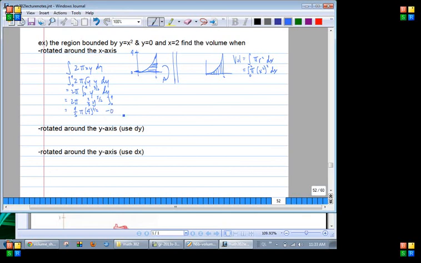And I'll just note that when it's 0, it actually does give you 0. So 4 to the 5 halves is 32. So you get 32 times 4, so you get 128 over 5 pi. Could it be the other one works out to be the same thing? Let's find out.